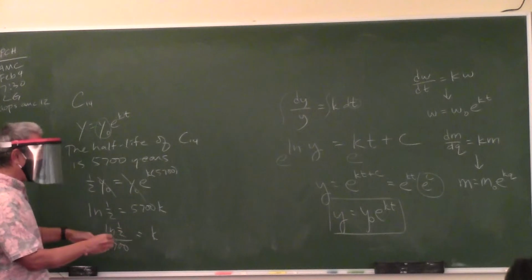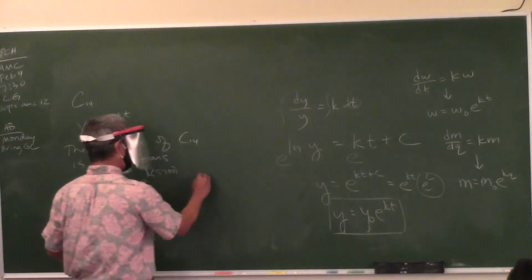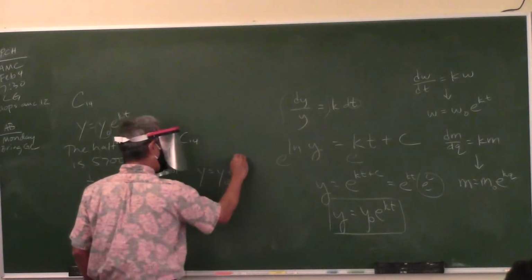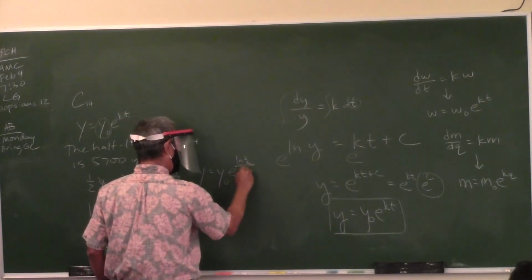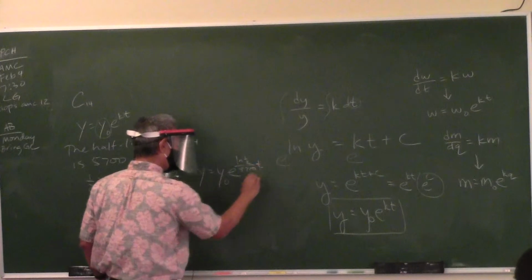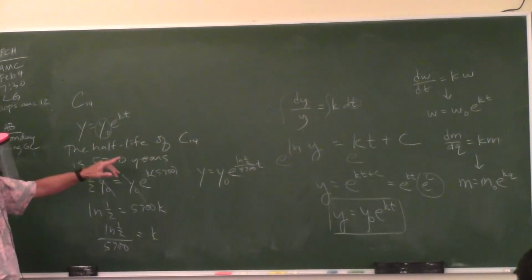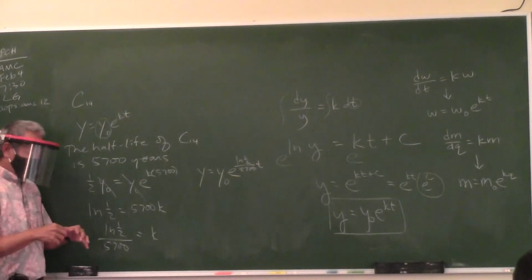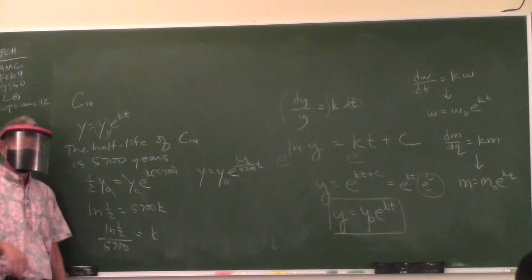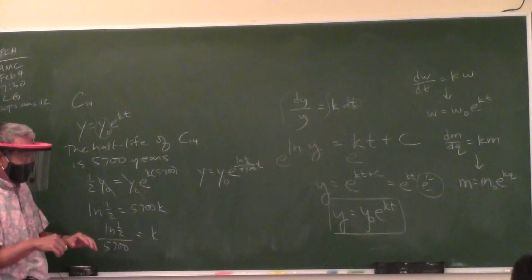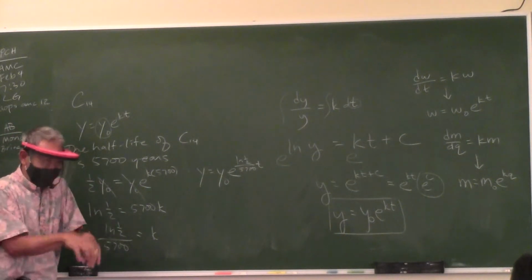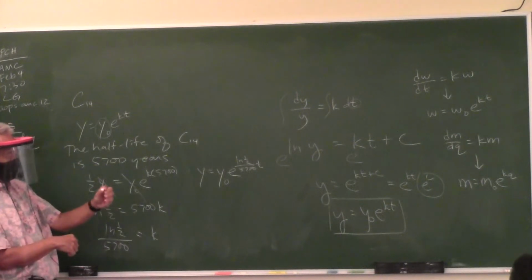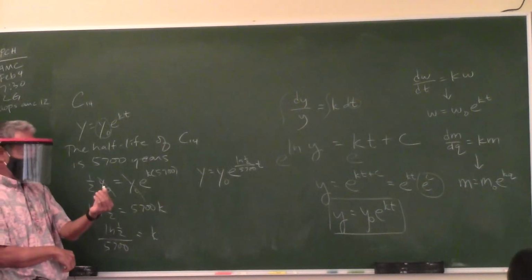Okay, so now that we figured out the value of k, this is our equation. y equals y naught e, but now we know what k is. It's natural log of 1/2 over 5,700 t. So we can use this equation to carbon date. Suppose you guys are having a barbecue in your backyard, and then your dog starts digging. Your dog brings up a bone and you go, oh, that's a weird looking bone.